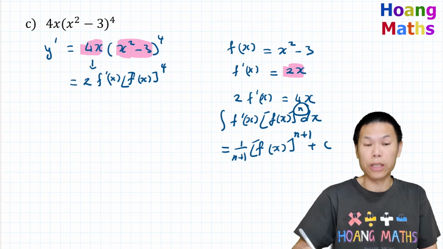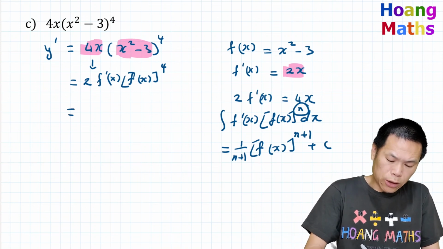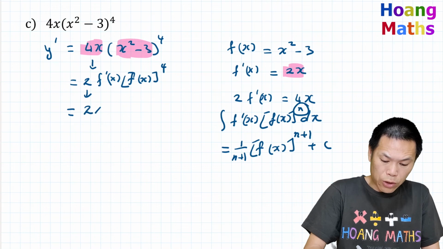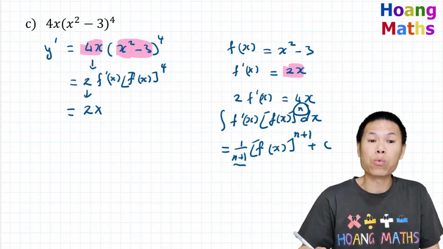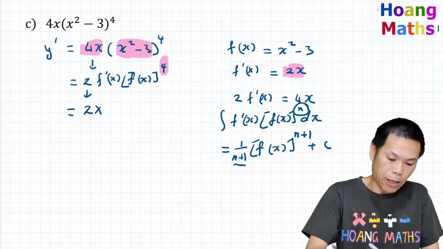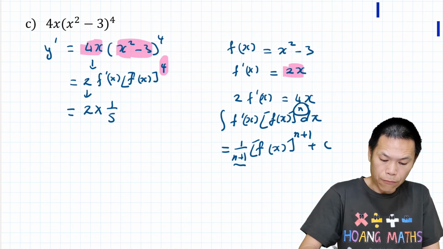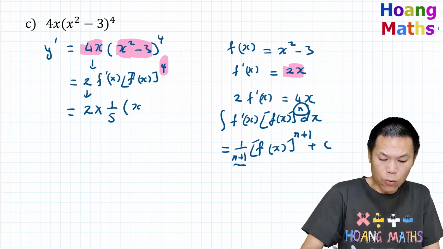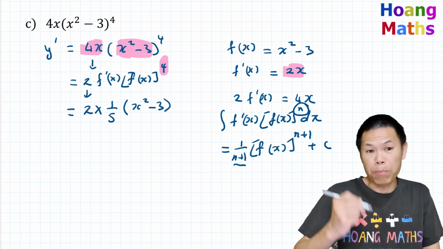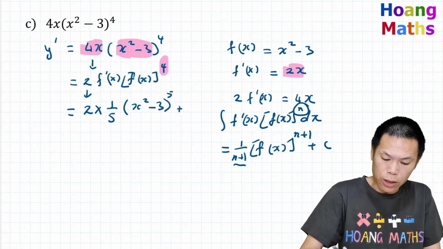And we add a constant. Don't forget. So now we just write down the constant of this is 2, and we times. So now n plus 1. So n in this case is 4, so we add 1, becomes 5. So we times by 1 over 5 f of x, that is x squared minus 3, to the power of 5. Don't forget. And then we need to add a constant, of course.